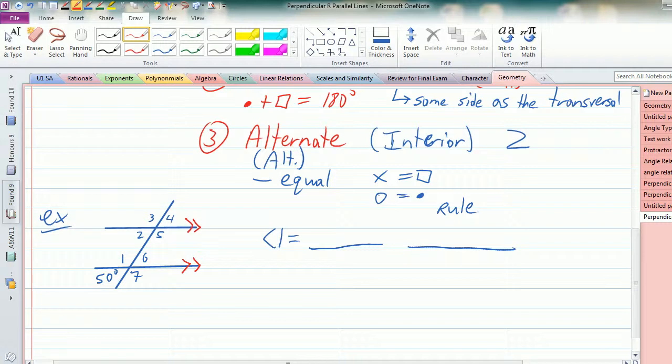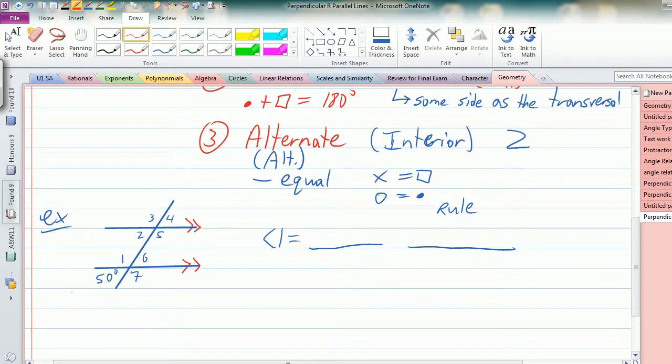So, how would we find angle 1? It's based off yesterday's work. We can't talk about angle 2, 3, 4, 5, 6, or 7 because we don't know them. We only know 50 degrees, folks. So how are angle 1 and 50 degrees related?